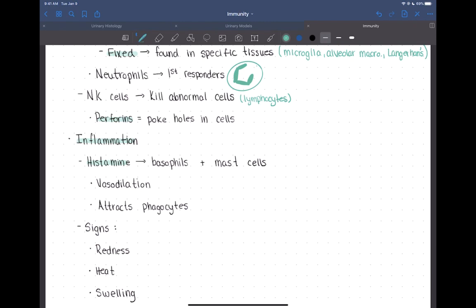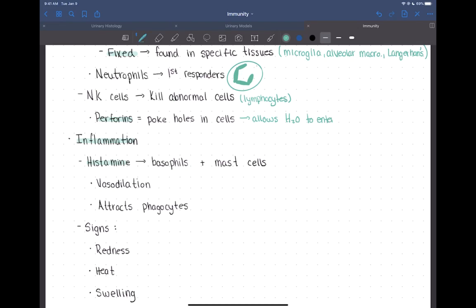Perforins work similar to that membrane attack complex, but instead of forming a pore, they literally just poke a bunch of tiny little holes in a cell until enough water seeps in that the cell is going to burst. All right, so this would also, similar to that membrane attack complex, allow water to enter.